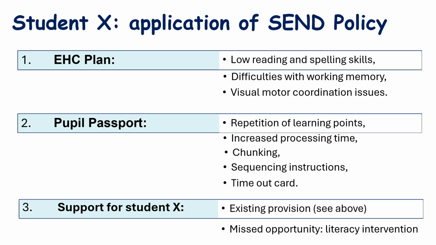The increased processing time reduces cognitive load, allowing Student X to decode text and interpret instructions at his own pace. Chunking information breaks complex concepts into manageable chunks to avoid cognitive overload and increase retention. A sequence of short instructions breaks a complex task into small logical steps that are easier to follow, and this fosters independence. Student X has a time-out card for his emotional regulation as well.